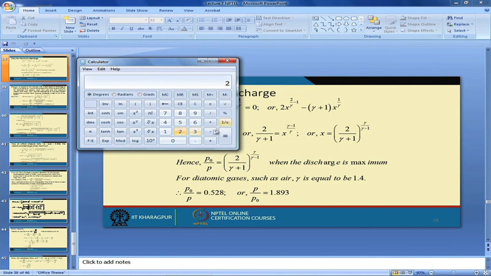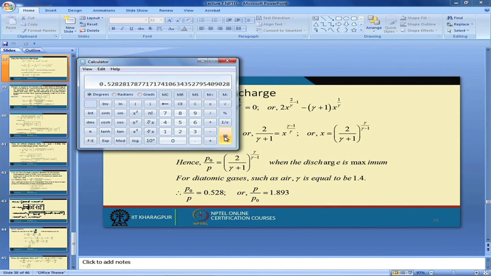So we write 2 by 2.4, this is equal to 0.833 to the power 1.4 divided by 0.4. If we do that, it becomes 0.528, right? This is what is coming, 0.528.